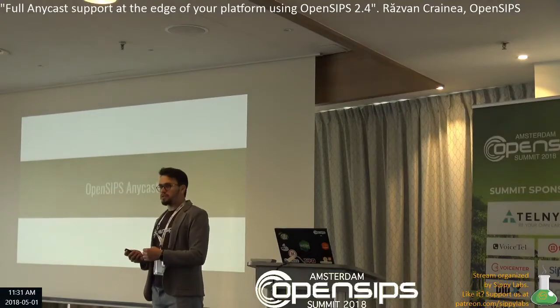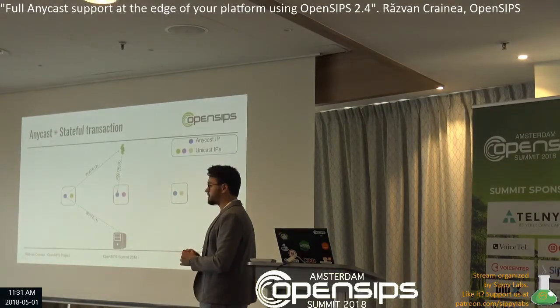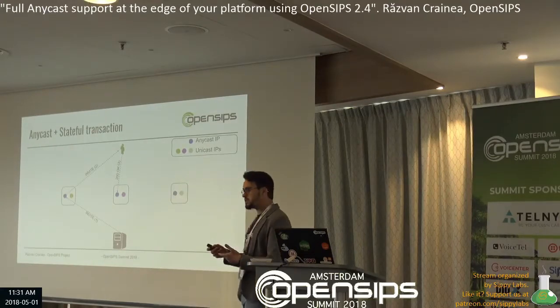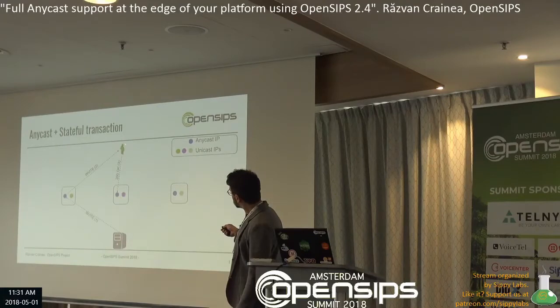So based on these stories, we tried to analyze the problem and understand what was going on and how we can solve it. Let's see what's going on. Any request can reach any of these servers. Imagine this scenario where we have an invite, and the invite is sent to the client, but the answer goes to this server.